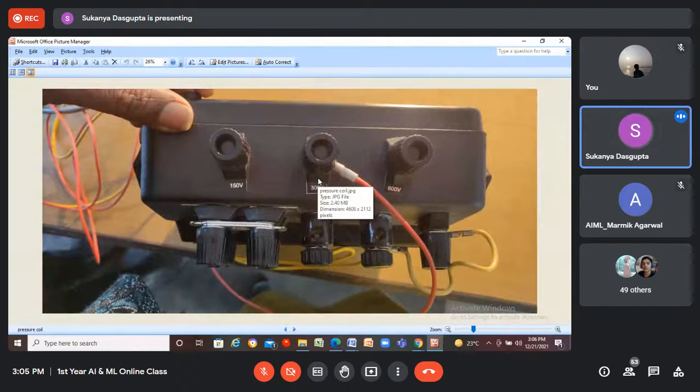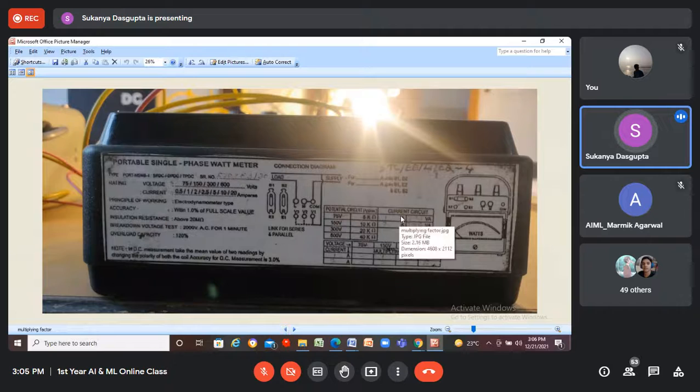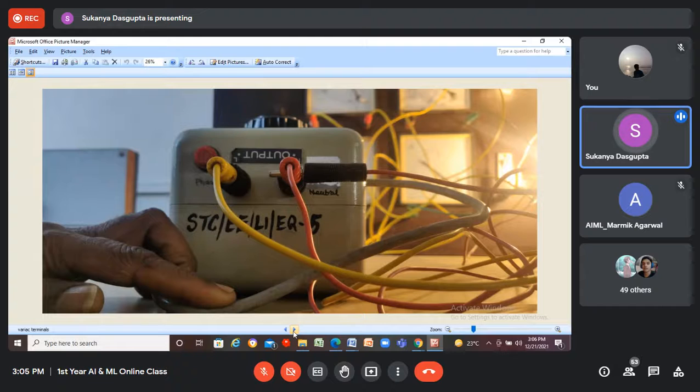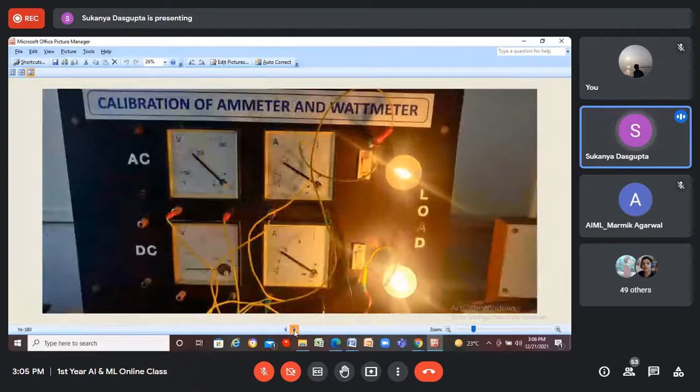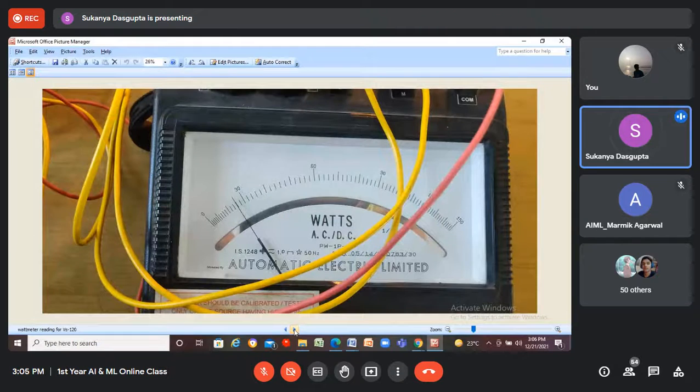I have connected 300 volt with this wattmeter, and this wattmeter is operated by 1 ampere because I have connected these two strips across the two terminals P1 and P2. And power factor is unity, so the total wattage that can be measured by this wattmeter is 300, right? But the wattmeter will show maximum 150 wattage. This is the maximum limit.